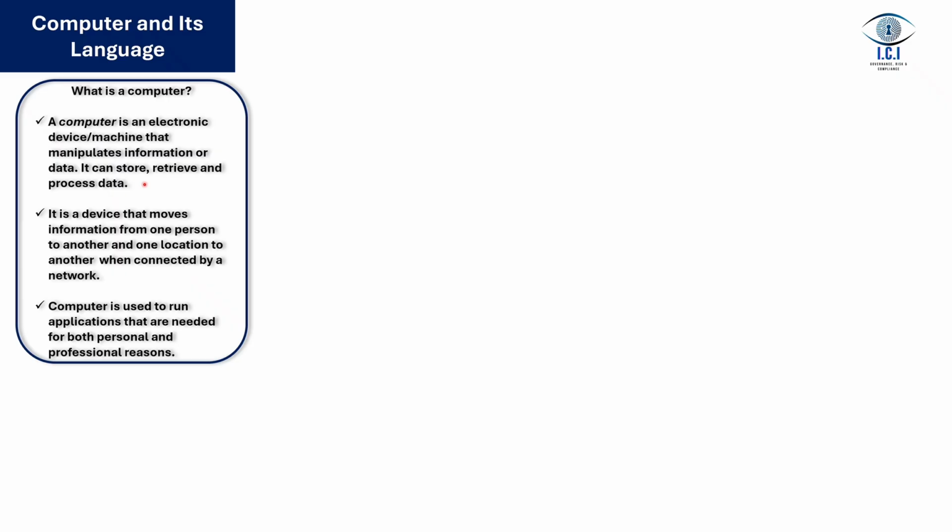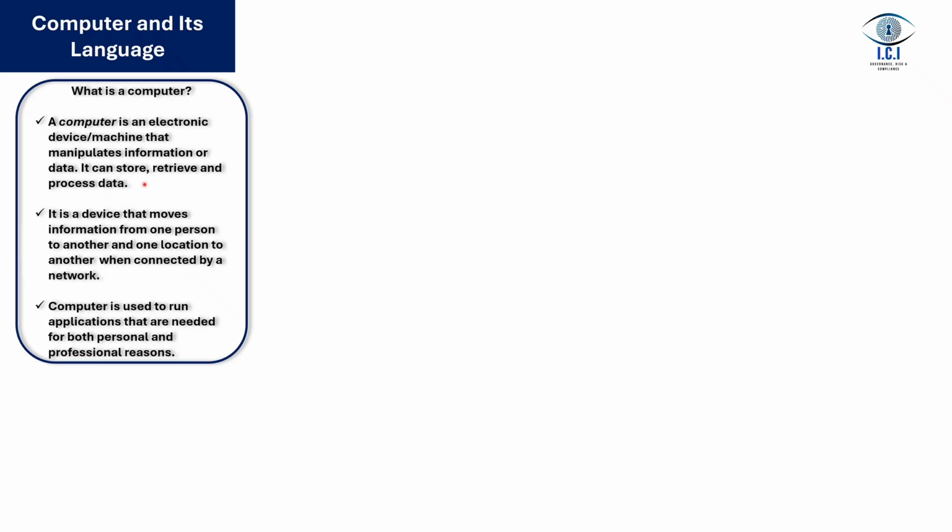And we know that a computer is a core component of information technology. So this definition goes for a computer when it is connected to a network. And a network is the connection of two or more devices. So when computers are connected to themselves, they can transfer information.